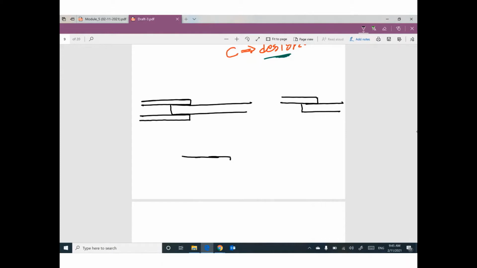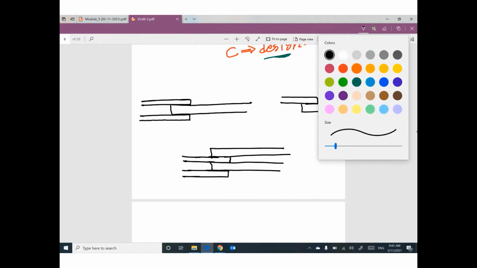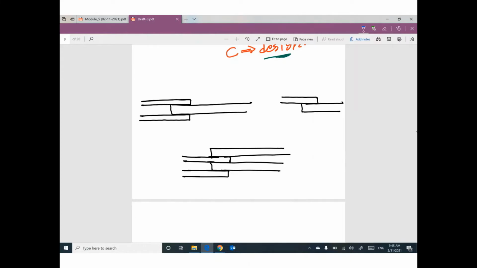Sometimes we have this connection, two plates from this side and two plates from the other side, probably for some reason. If you put a bolt here and a bolt here and a bolt here, what do you think?